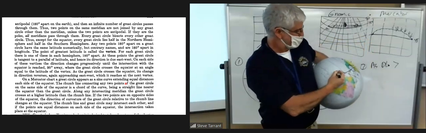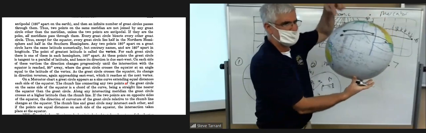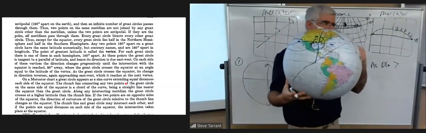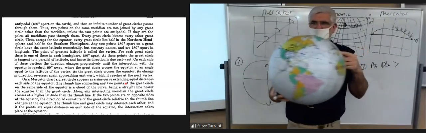Is there another vertex on the planet? Where is it? It's 180 degrees of longitude opposite, and what's its number? If this one's 50 degrees north, what's the number in the south? 50, okay? Remember that.